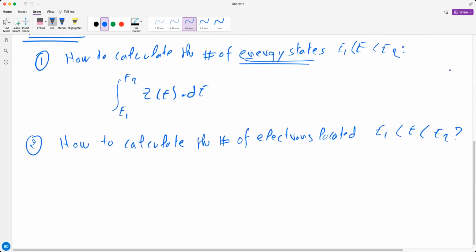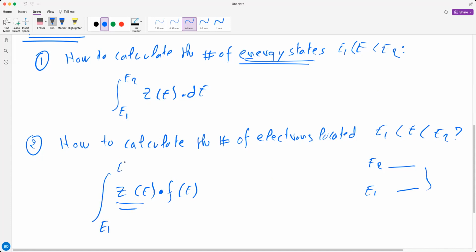But I know that between E1 and E2, I have the number of states that can be given by the density of states, right? And I know that each state has a probability of occupation. All I have to do is integrate this quantity from E1 to E2.